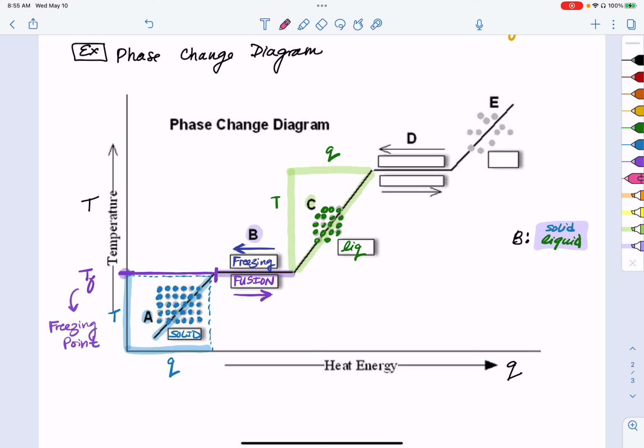All right. Well, what happens when we hit exactly the temperature or the amount of heat that is needed to begin to vaporize our substance?